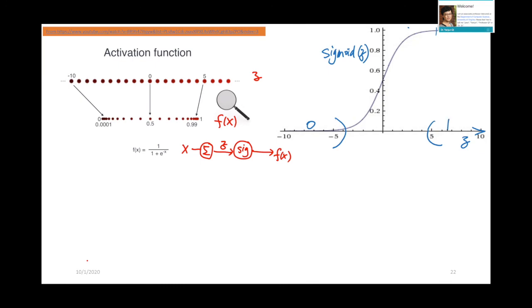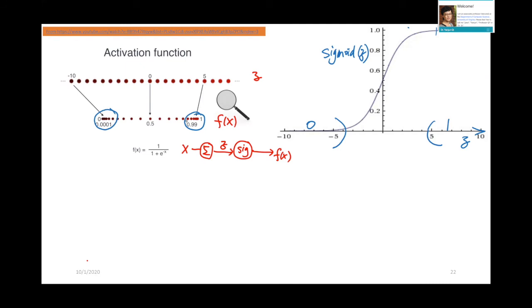So which means what? Let's look at this figure. Assuming your Z variable is uniformly distributed from minus infinity to positive infinity, the squashing function really compresses everything into 0, 1, and compresses more on the two sides, in the two ends.